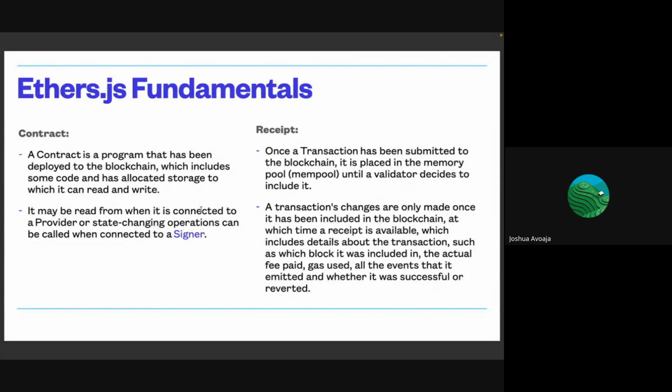This is the transaction hash of the transaction. This is the block number in which the transaction was included. This is the gas that was used. This is what was sent, if ether was sent, and these are the events that were emitted. So a receipt is just the blockchain's way of giving you feedback on what you've done.